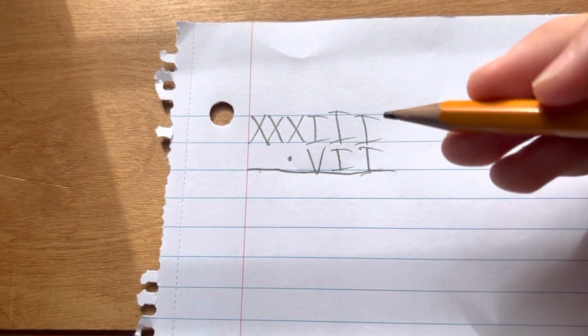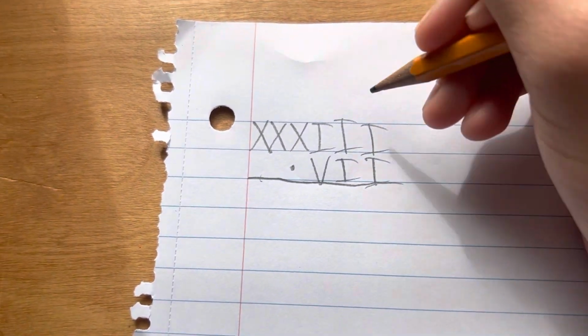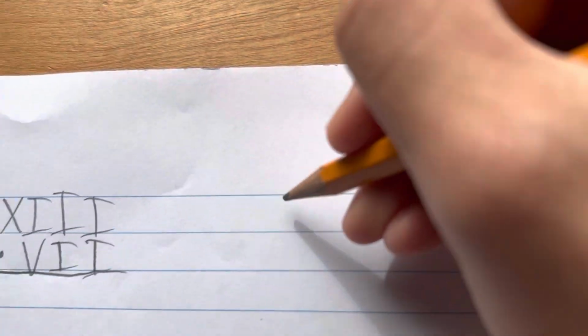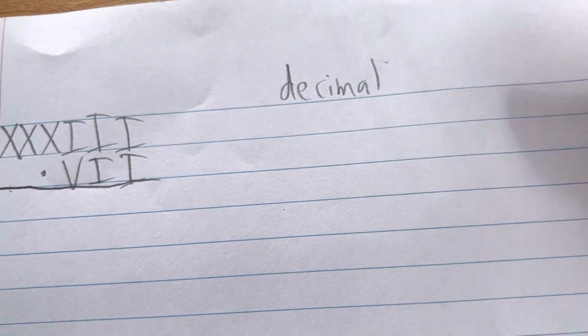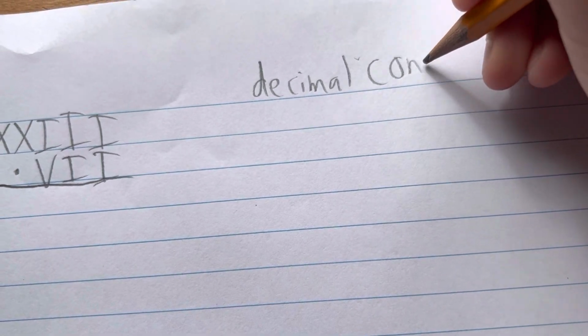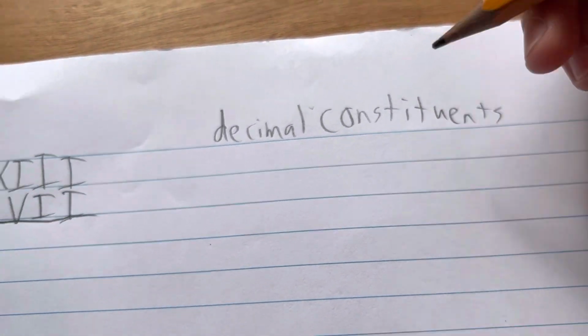33 times 7. You should be able to do that pretty easily, but here's how you do it with Roman numerals. So first, what you're going to want to do is, as I call it, the decimal constituents. That's what I'm going to call them.